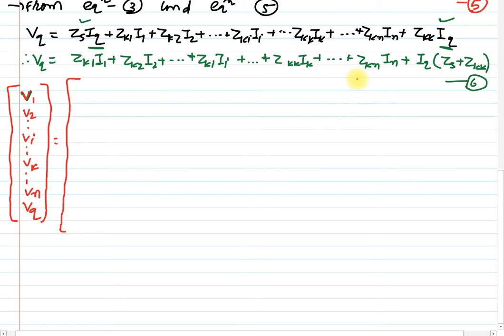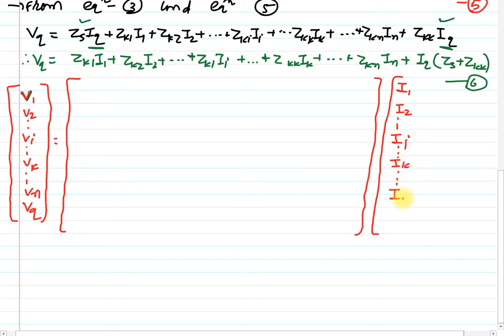Z bus matrix, which is equal to Z bus matrix. Now first I will write the current matrix, which is I1, I2, Ii, Ik up to In, and the last element which is newly added due to the new bus Q, which is current at bus number Q, it is Iq.